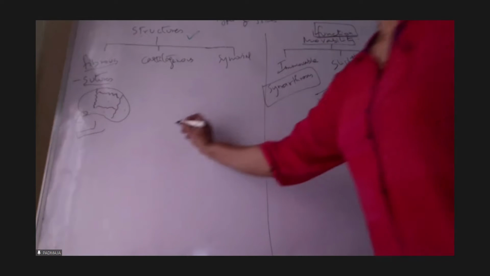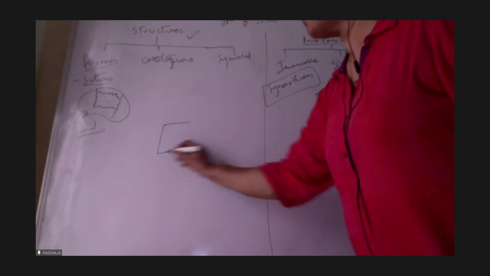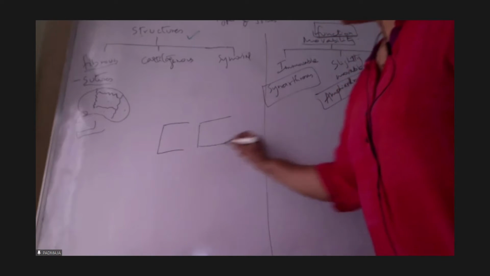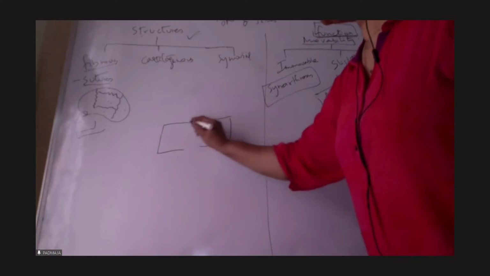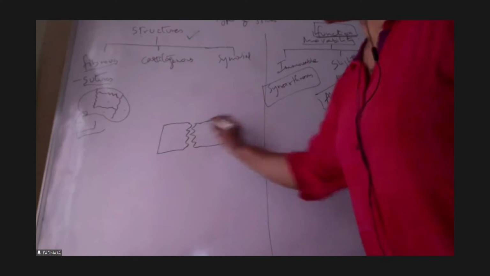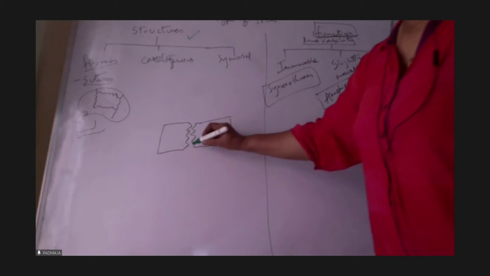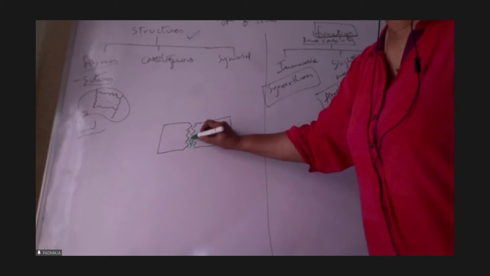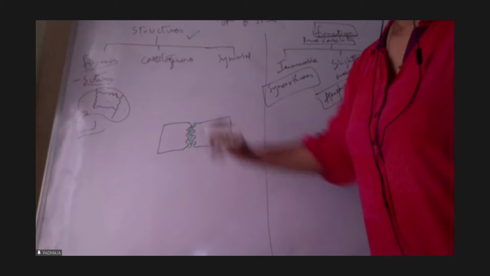Because if you take the cranial bones, they are flat bones, and a zigzag outer margin of one bone fits into the zigzag outer margin of the other bone, and in between it is filled with collagen fibers. It's a strong joint.